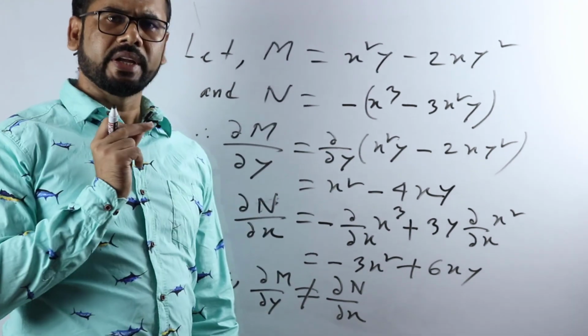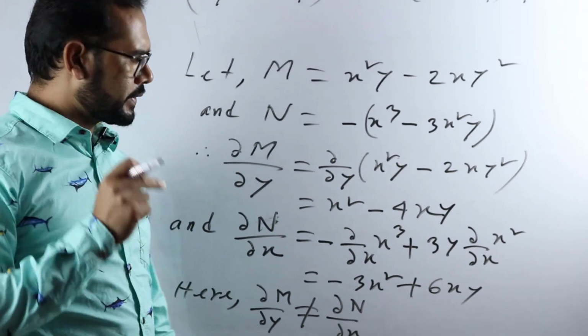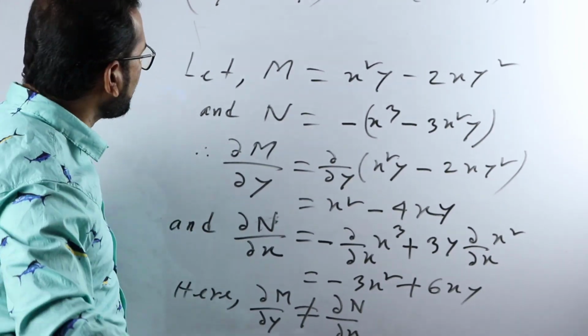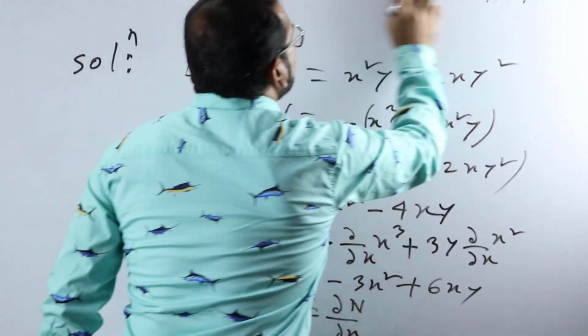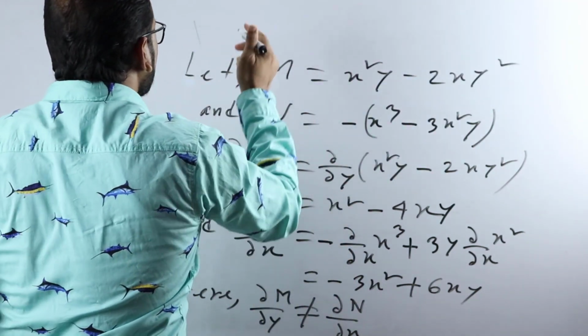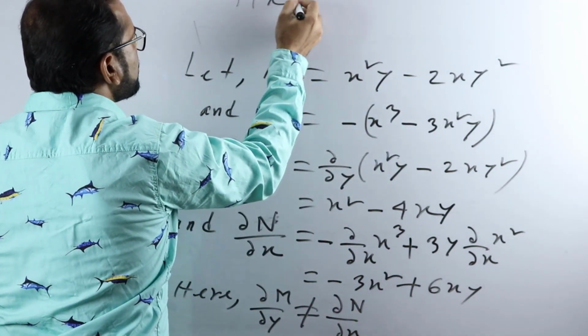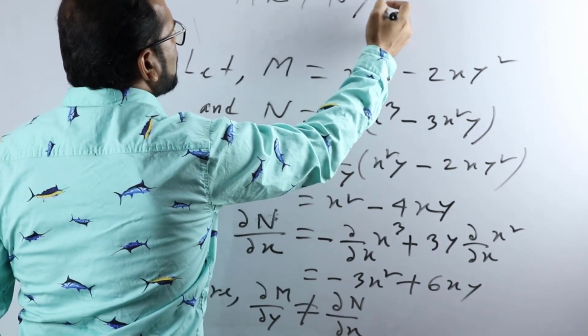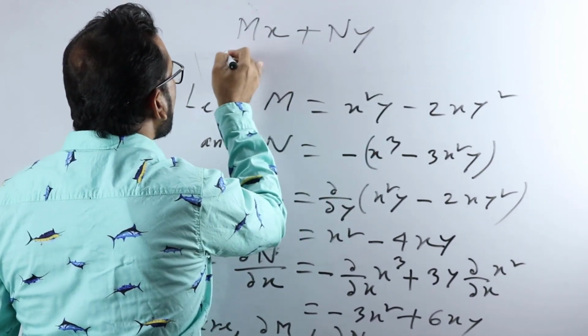If it is not exact, then we have to test whether Mx plus Ny is zero.